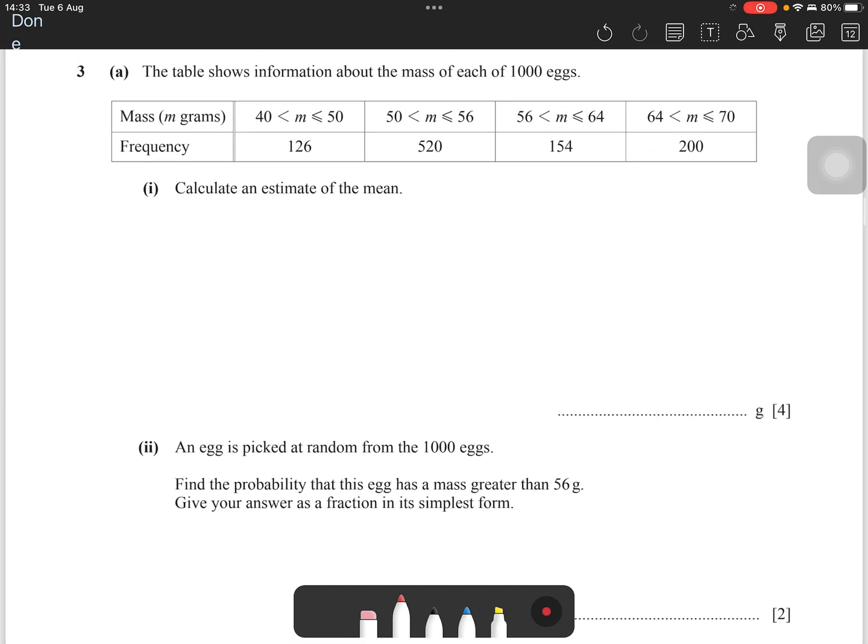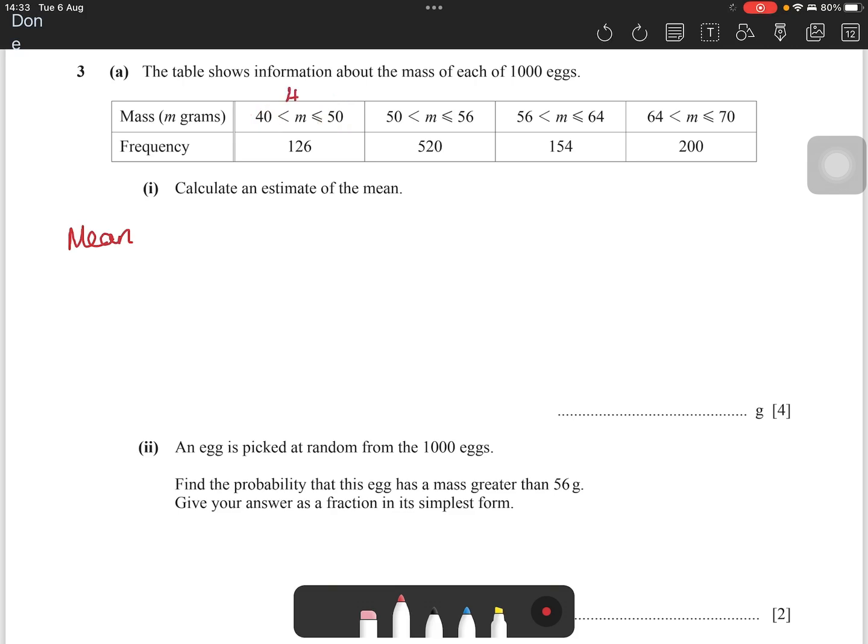Question 3. The table shows information about the mass of each of 1,000 eggs. So we calculate the estimate of the mean. To find the mean, we need to use the middle value of each interval. For example, 40 plus 50 is 90. 90 divided by 2 is 45.